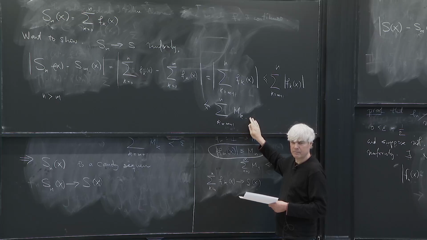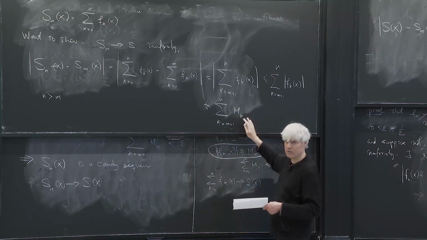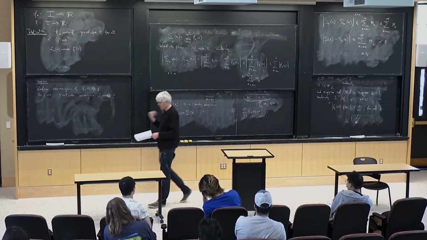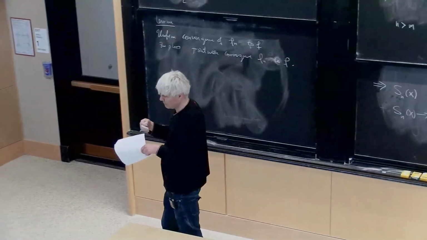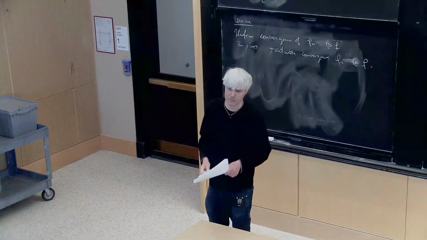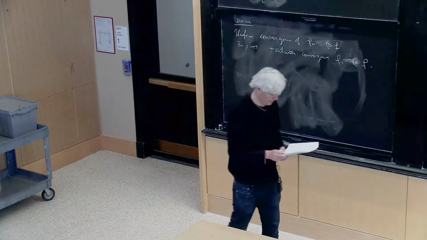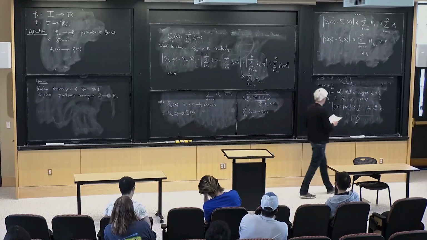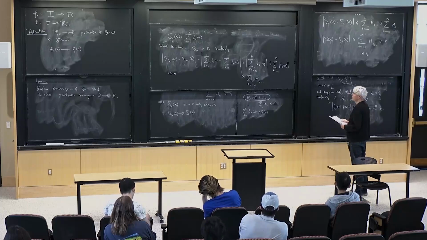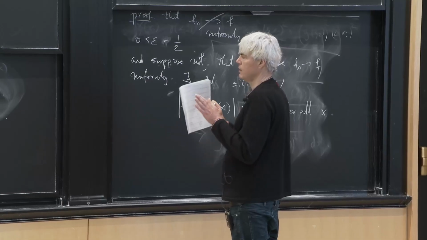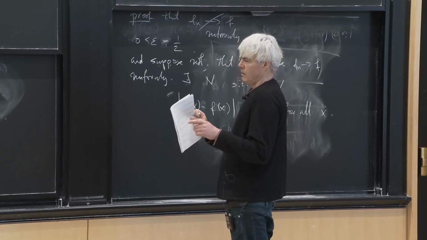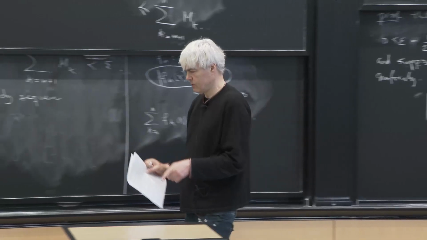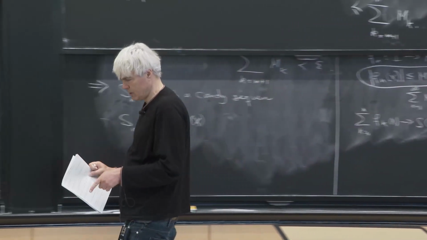Because these are non-negative numbers, and that they are summable just means that if I go out really, really far, then from there on out, it makes very little contribution to the total sum. So you see, the first thing is, for each fixed x, I prove that this Sn of x is a Cauchy sequence.